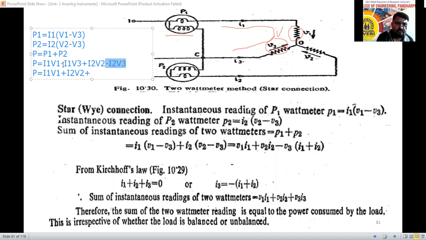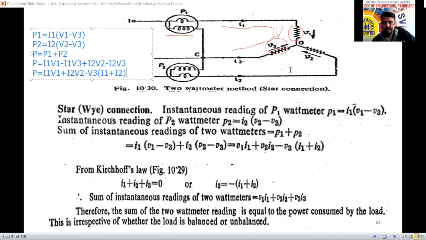Both terms have minus V3, so we take minus V3 as common. What is the left term? I1 plus I2.